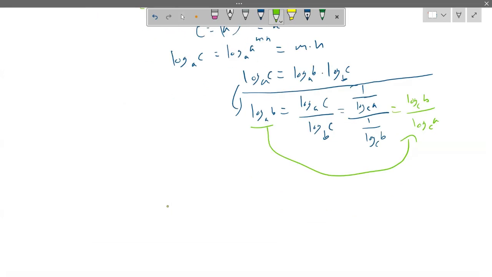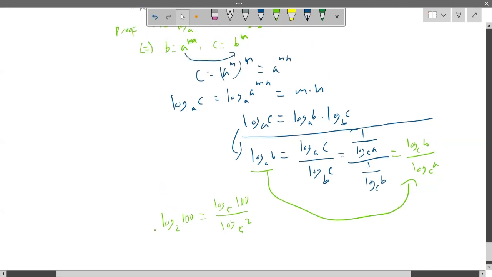So for instance, log of 100 base 2 can be represented as log 100 base 5 over log 2 base 5, if you will. The utilities kind of depend on the situation here.